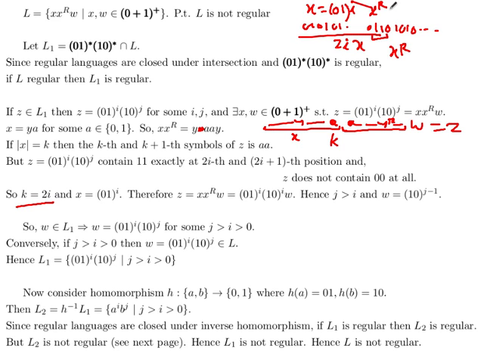This x reverse part becomes (1 0) to the i, okay? And then you have some w, okay? So this is it. So this is z.